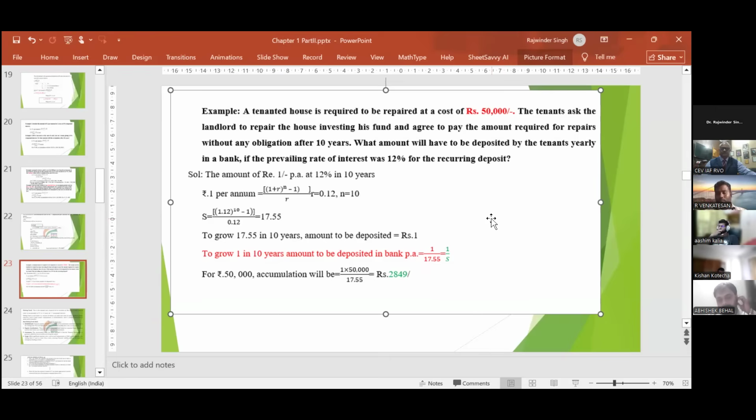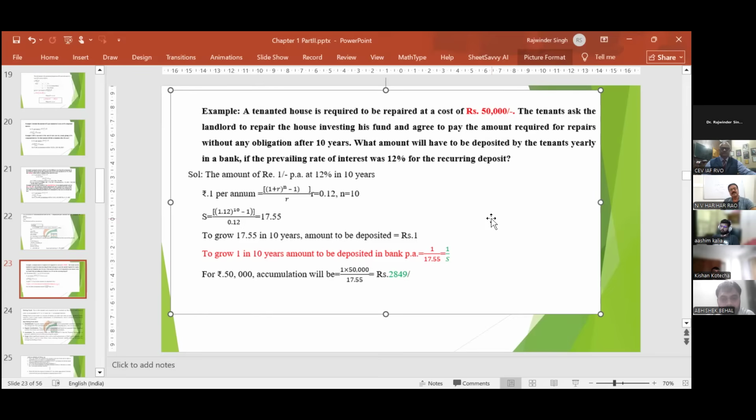We deposit some amount in the bank at a certain rate of interest so that we are able to get 10 lakh rupees at the end of 10 years, so that when this car stops giving us returns, we buy a new car. We buy a new car for 10 lakhs minus salvage value or scrap value. Let us suppose salvage value is 0, just as an example. So you need 10 lakhs.